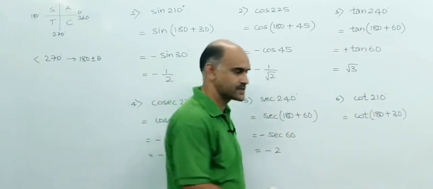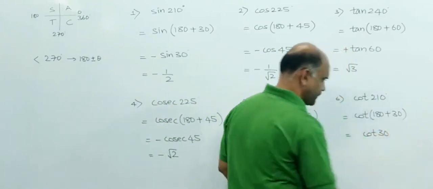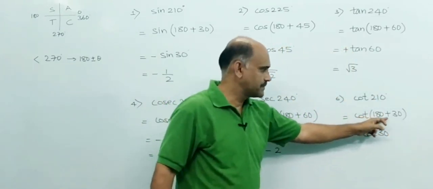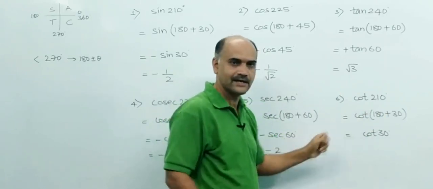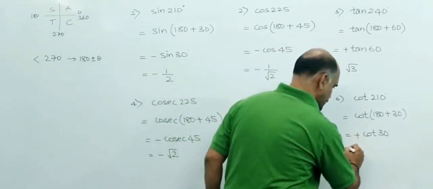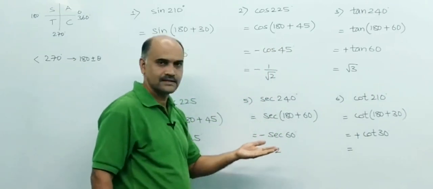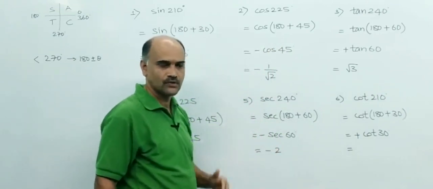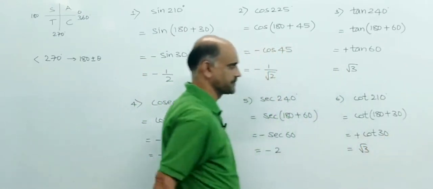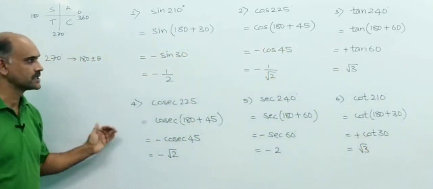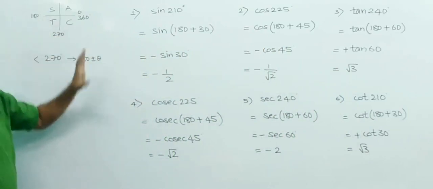It is written as cot 30. 180 plus means in the third quadrant. In the third quadrant, tan and cot are positive. So this is plus cot 30. Tan 30 is 1 by root 3, so cot 30 is root 3. Clear, students? So these are angles which are in the third quadrant.